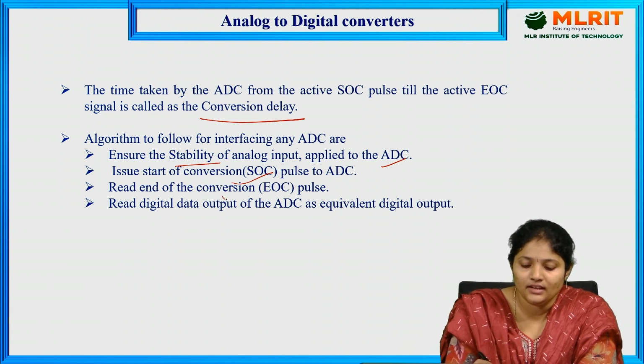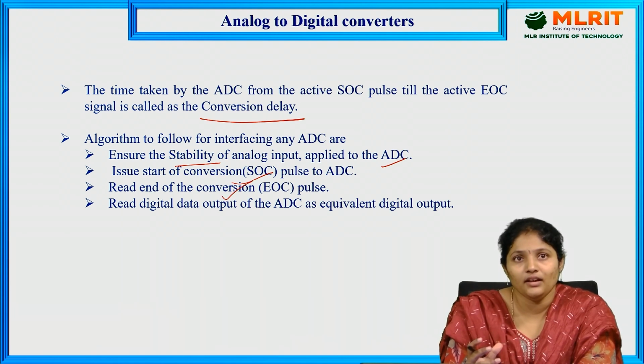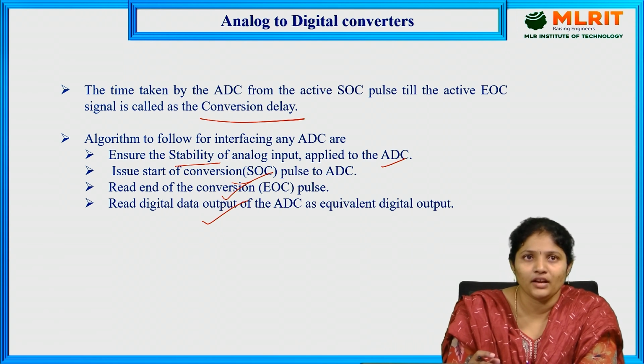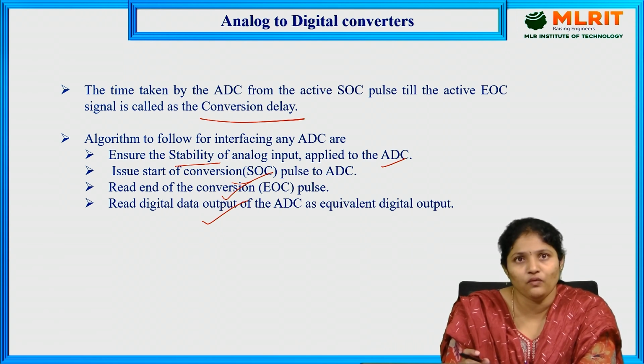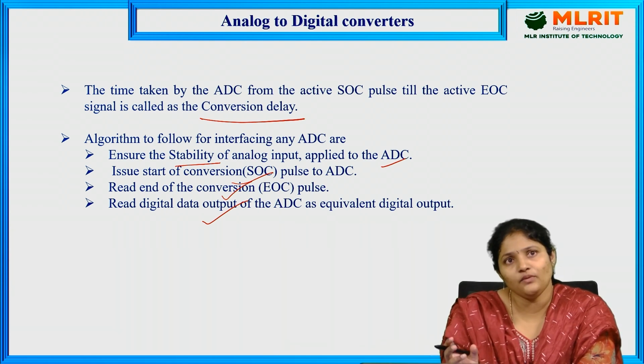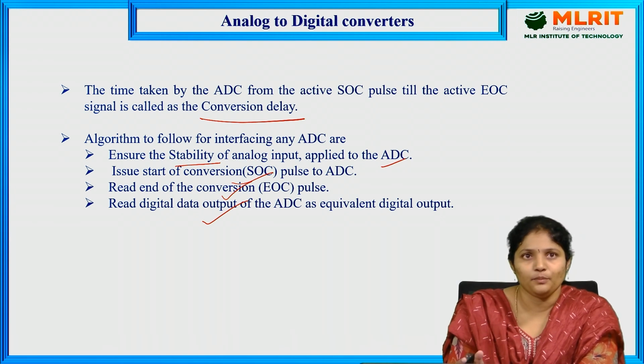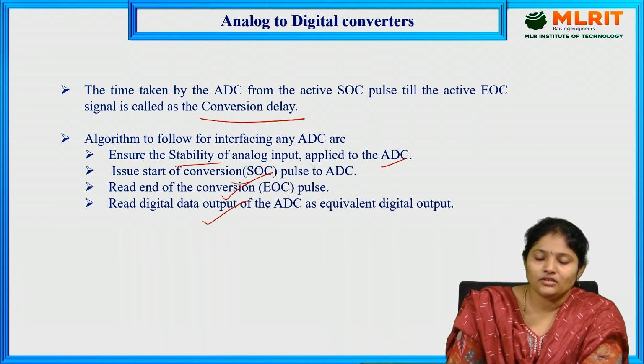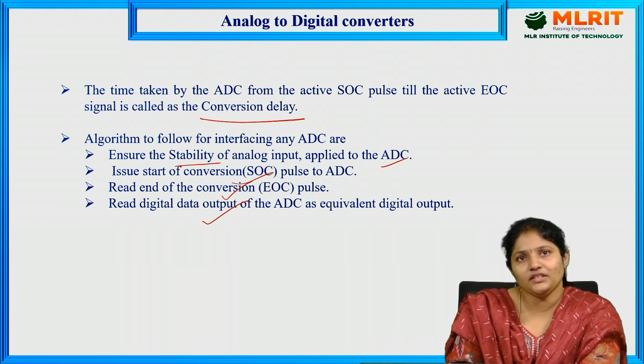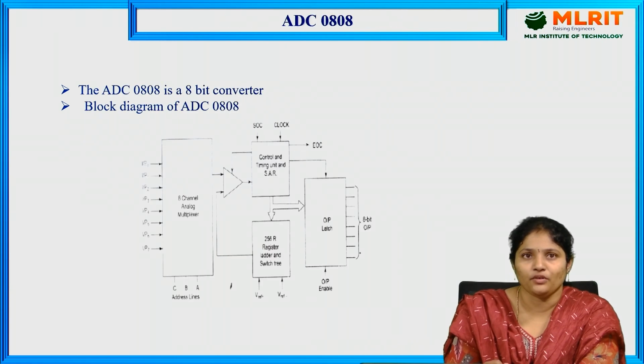Third, get the end of conversion signal, and fourth, read the output of the ADC by the processor. These are the 4 algorithmic steps you need to follow while interfacing an ADC with any device like a processor or controller. So here we are interfacing an ADC to the 8086 microprocessor.